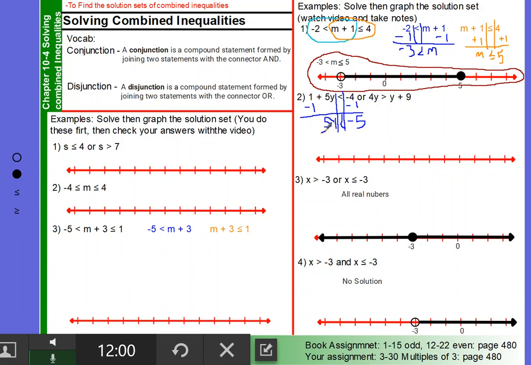Drawing with a mouse pad, not easy. Divide by -5, divide by -5. So I get y is greater than -1, because 5 divided by -5 is -1. Let's take a look at our second part. 4y is less than or equal to y plus 9.